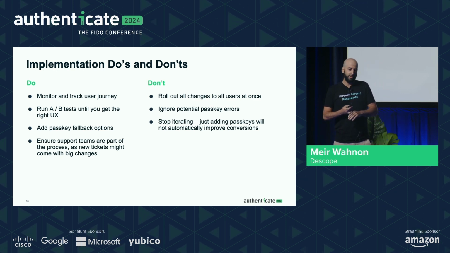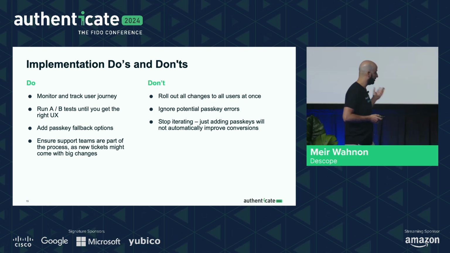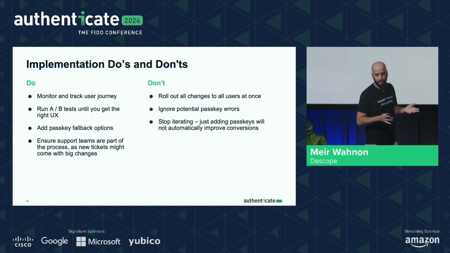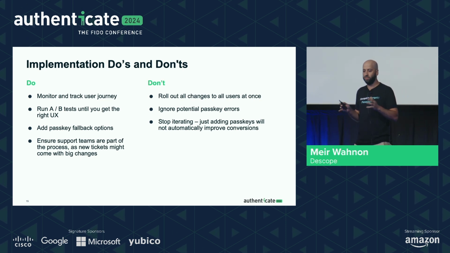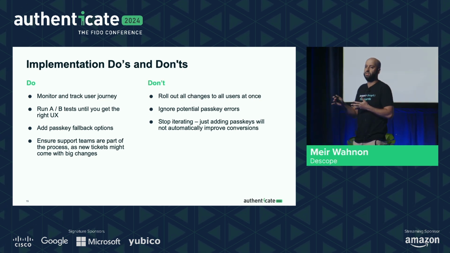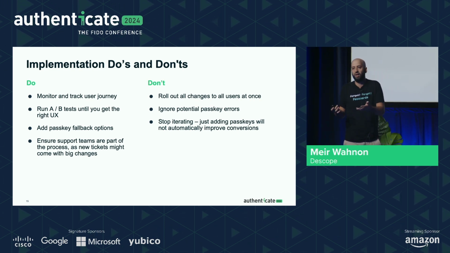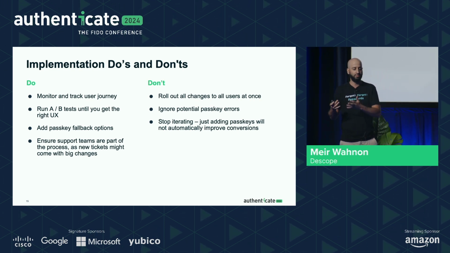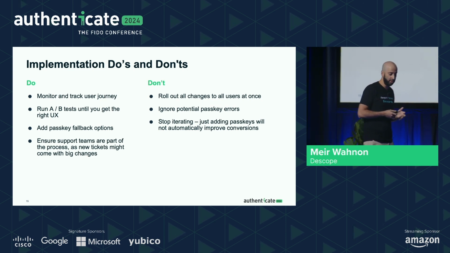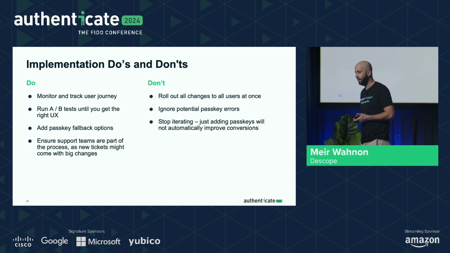And I'm sure the last part is a bit derived from the above. It's important to have all the related teams, especially the support teams, as part of the process to make sure that they will see changes, because even if you change the authentication method, people are impacted and they sometimes find issues with the new authentication method and the new journey they see, and they'll need support.